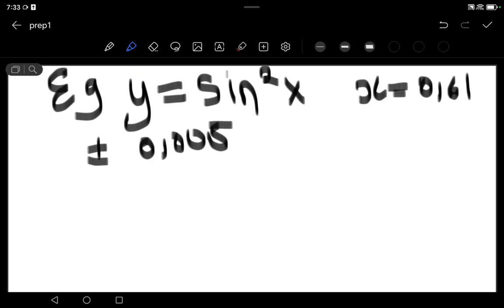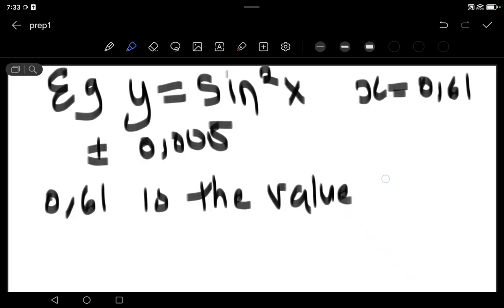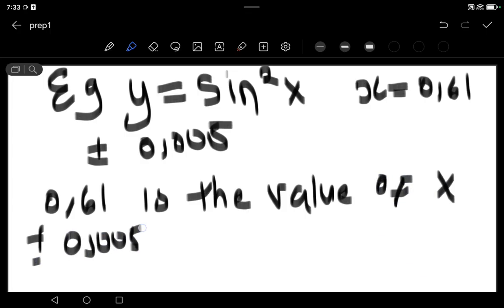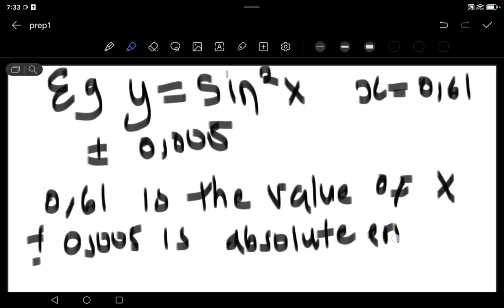So 0.61 is the value of x, and plus or minus 0.005 is the absolute error, which is change in x. So we're given the value of x and also the value of change in x.